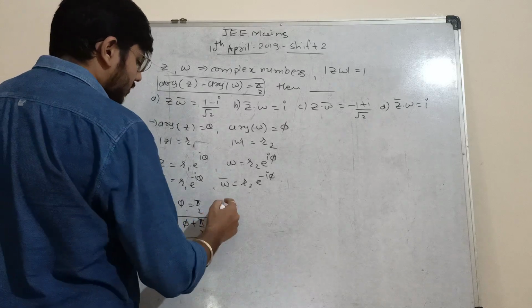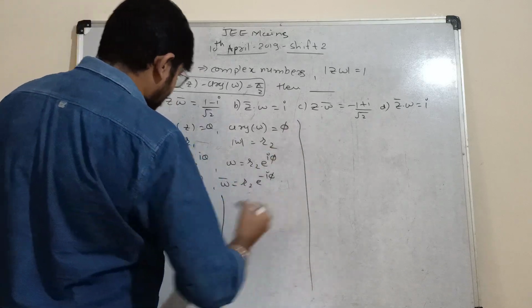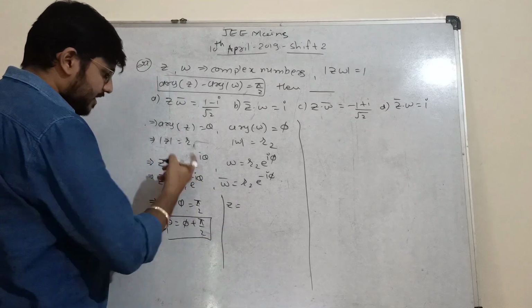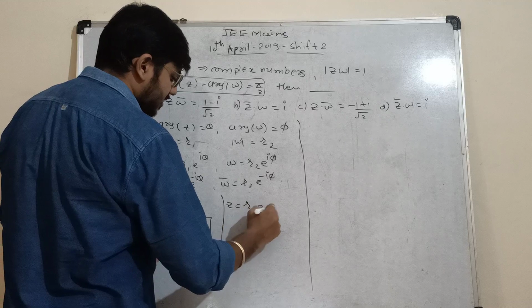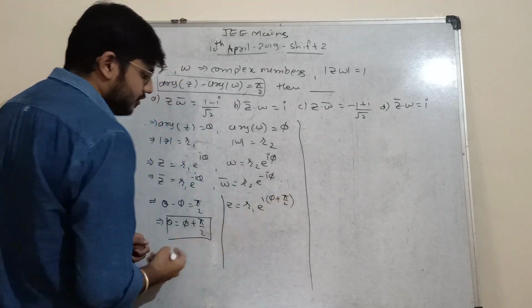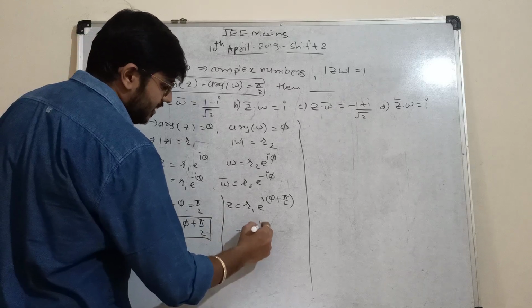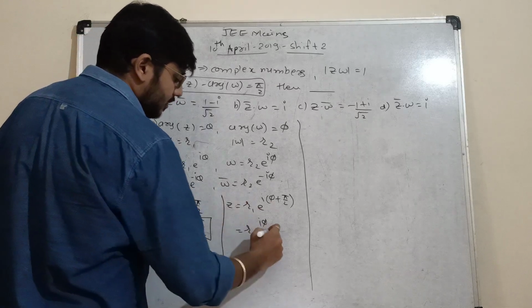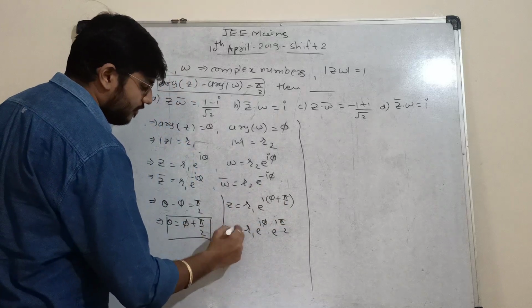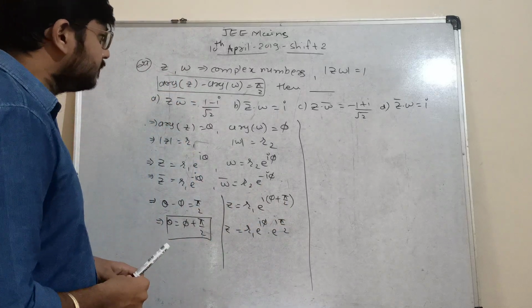Now in Z, replace theta with phi plus pi by 2. So it's R1 e raised to i (phi plus pi by 2). This is the value of Z we have, right?